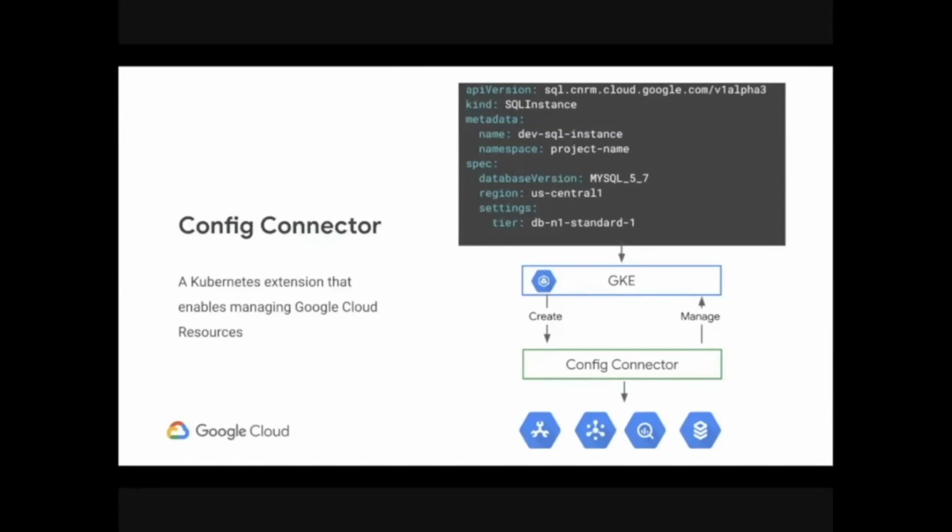In a similar way to Kubernetes, you simply specify your intended state through a declarative configuration, which I should mention you can simply include in your ACM repository. And then config connector will take care of creating that object for you in Google Cloud.